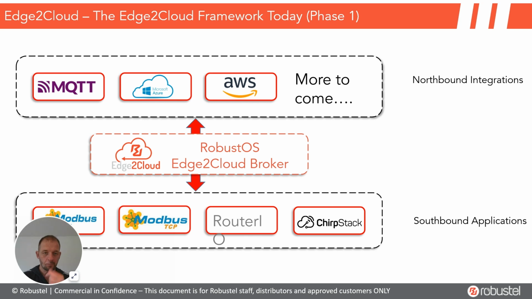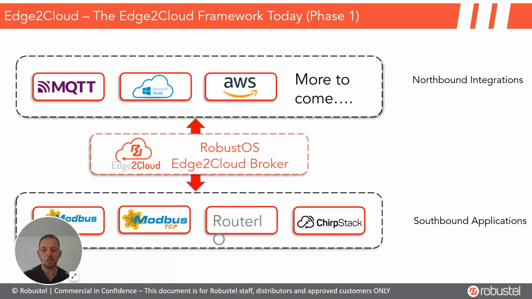So this is probably the simplest view. So we have the southbound applications. The common ones at the moment are Modbus TCP, Modbus RTU, router IO. We've dropped an output there, but I'm sure you can still understand.